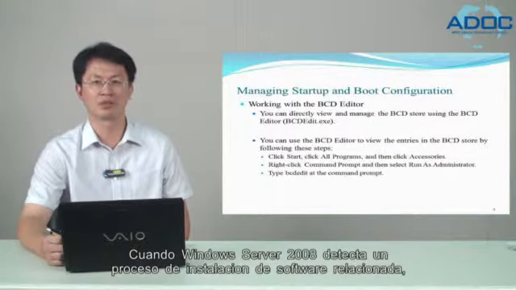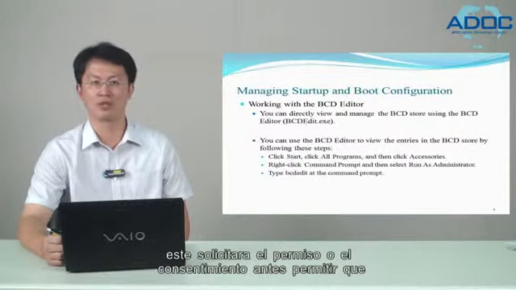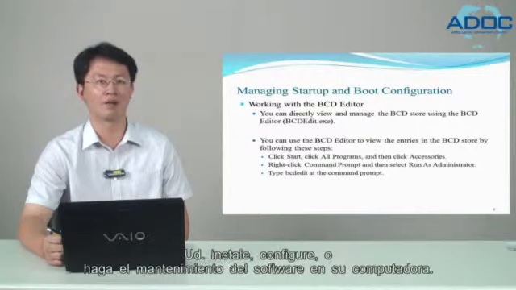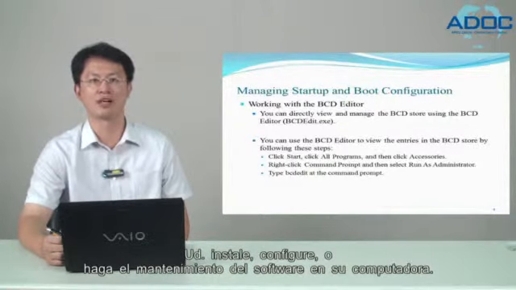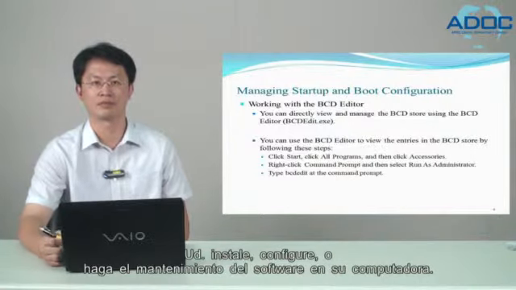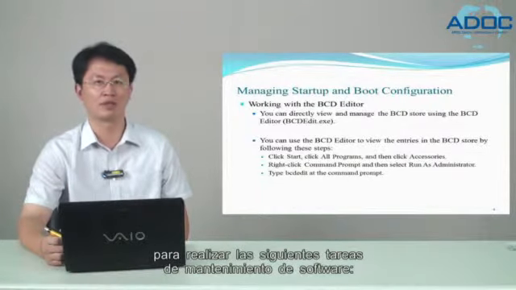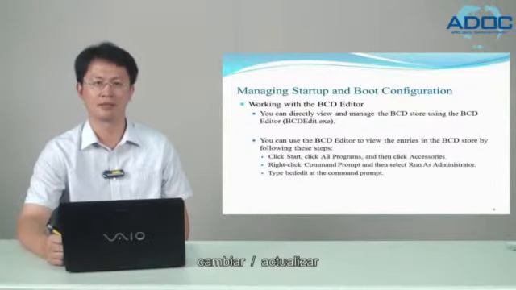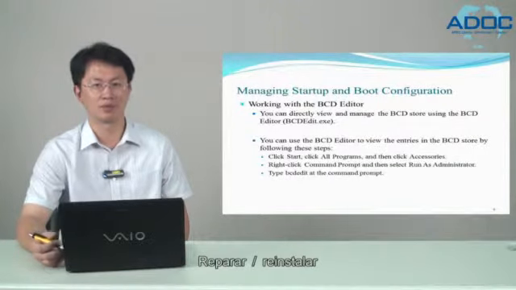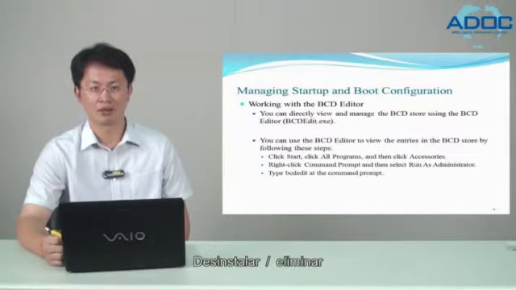When it detects a software installation-related process, it prompts for permission or consent prior to allowing you to install, configure, or maintain software on your computer. It also means administrator privileges are required to perform the following software maintenance tasks: change and update, repair and reinstall, uninstall and remove.